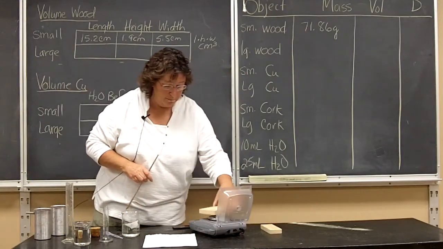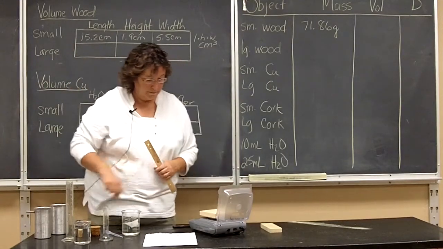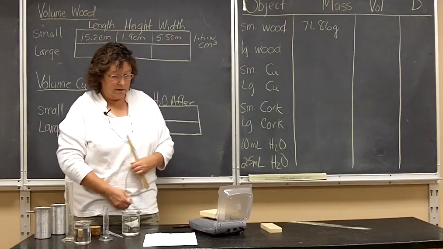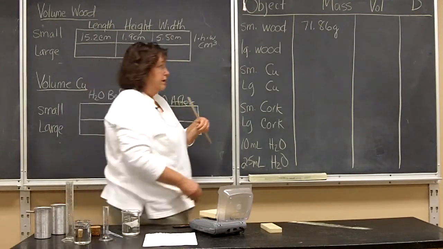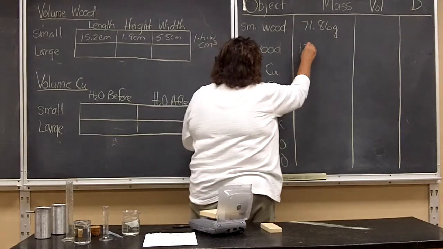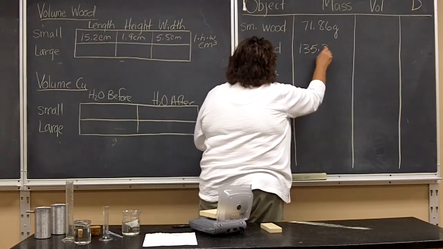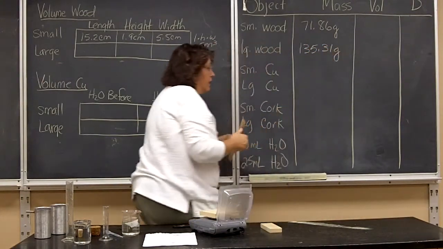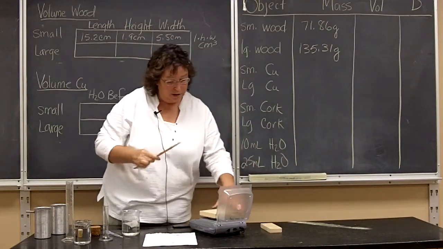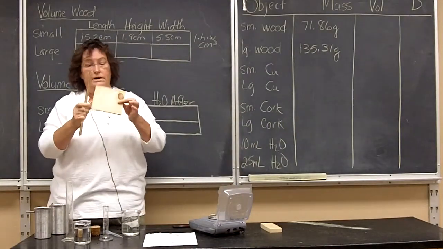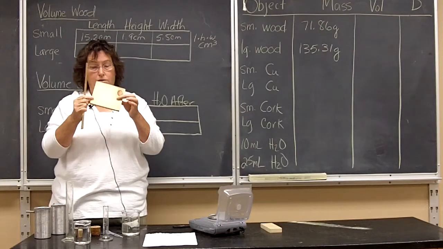Second block, I'll mass it. And that comes out to 135.31 grams. And just like the other block, I'll take length, height, and width. Now this time, length and height are close.